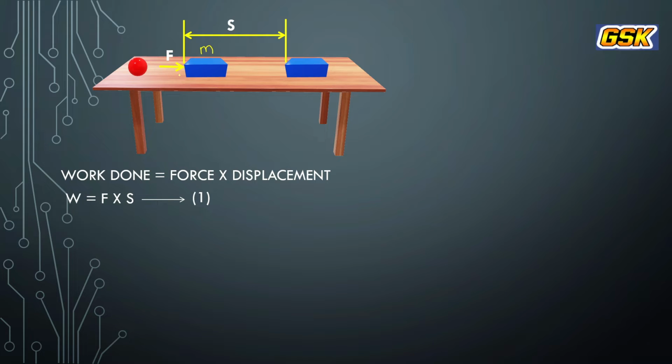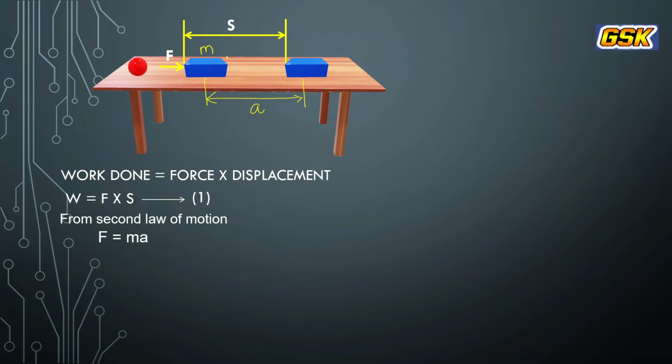How much force is applied on the brick? Let us assume the acceleration of this body is a. Then according to Newton's second law, force is equal to mass into acceleration. Equation 2.